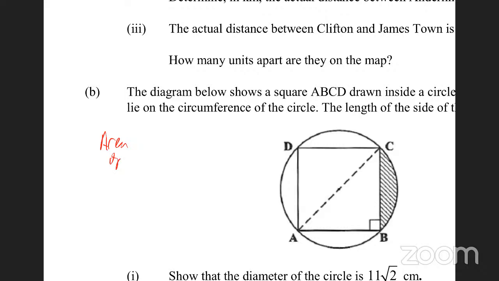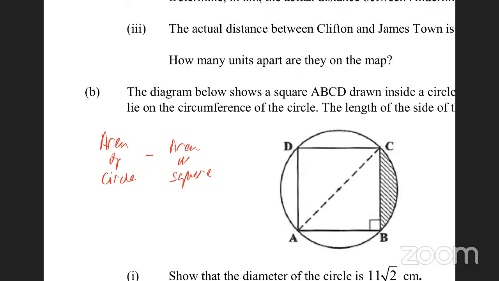Sorry about that there. Oh, yeah. Area of the circle. You take the area of the circle and you minus the area of the square. And what will that leave you with?